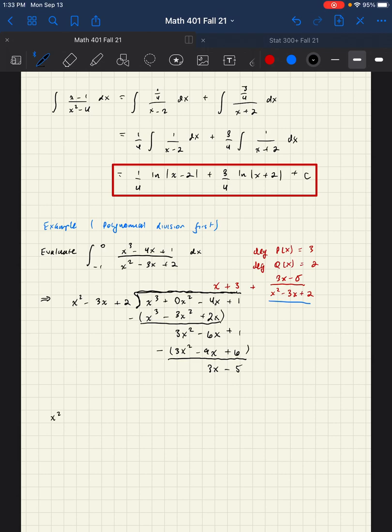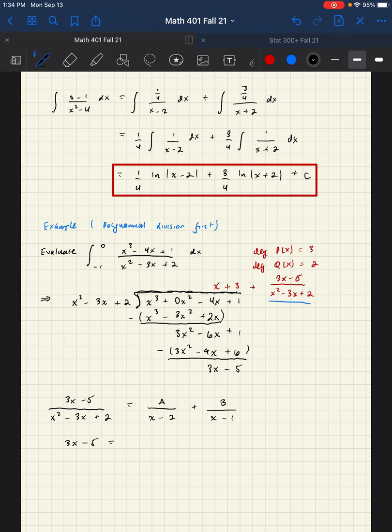So first things first, we should factor the denominator to see what the form of the partial fraction decomposition should be. Namely, because it's x minus 2 times x minus 1, we're going to do x minus 2 under A and x minus 1 under B. So if we solve that for A and B, then we should be able to figure out this simpler decomposition.